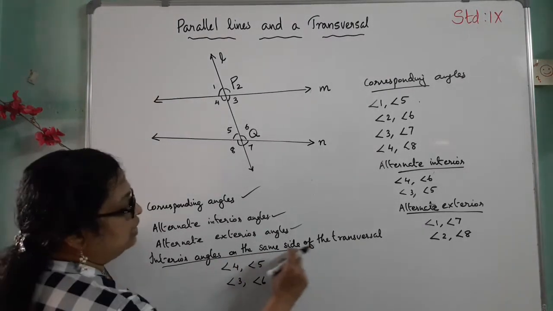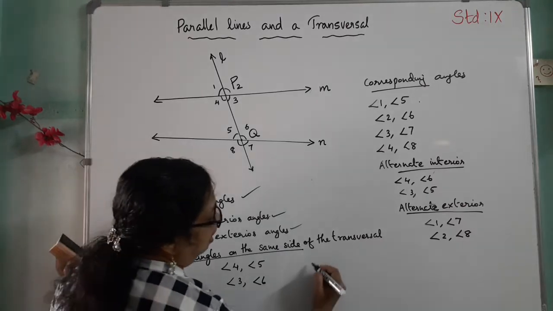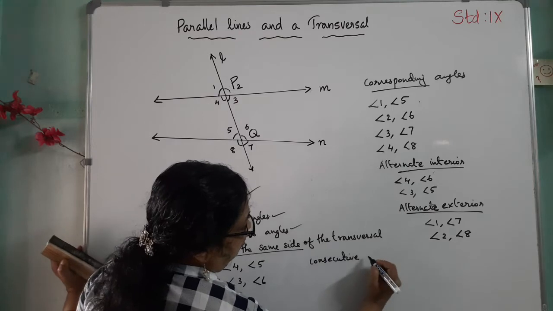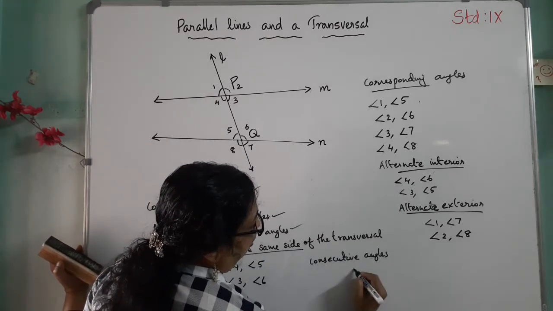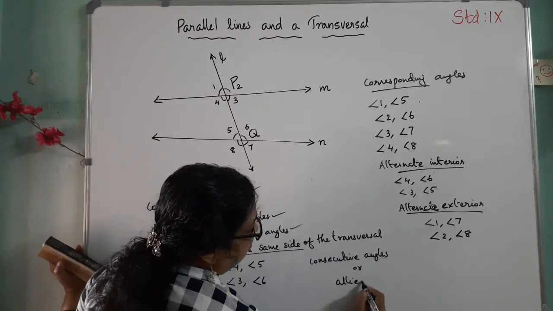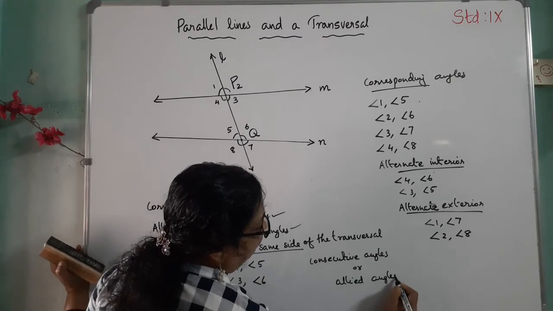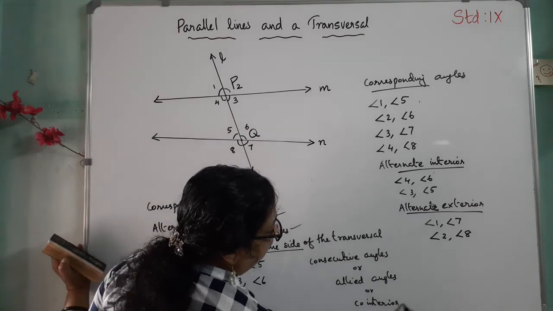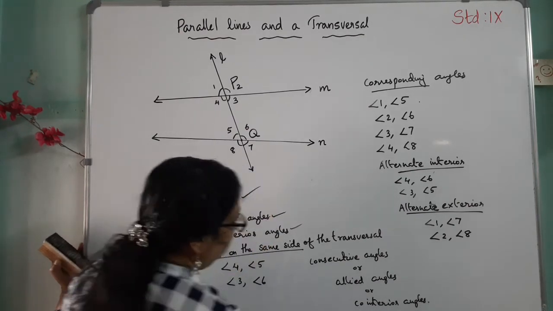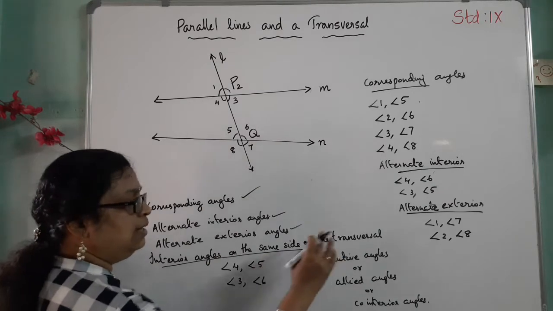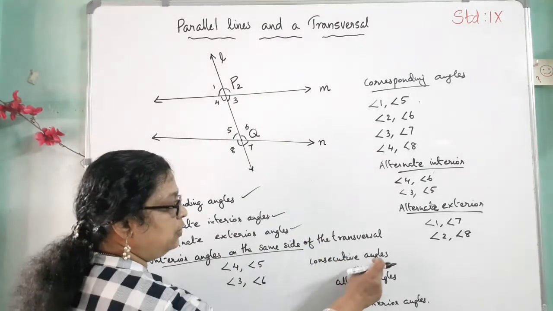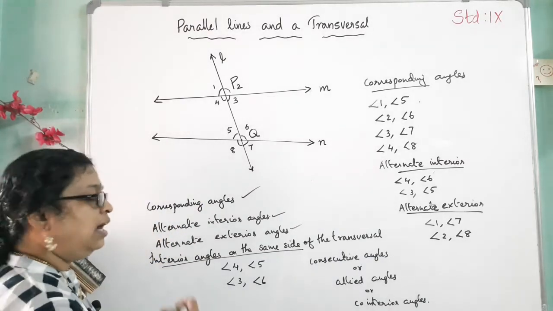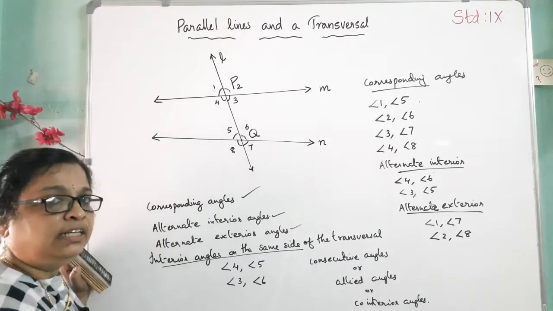Then interior angles on the same side of the transversal are also called consecutive angles or allied angles or co-interior angles. We usually say alternate angles, that means alternate interior angles.